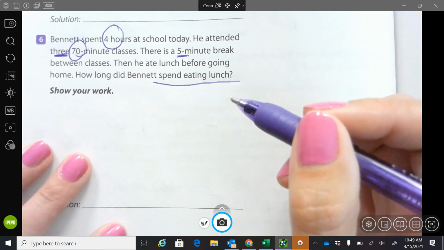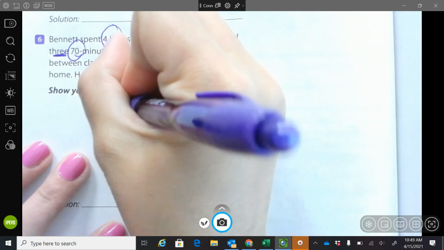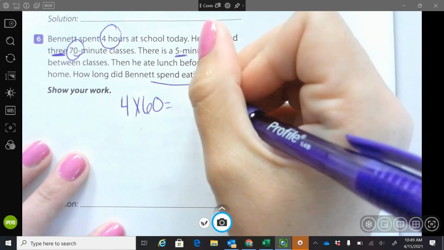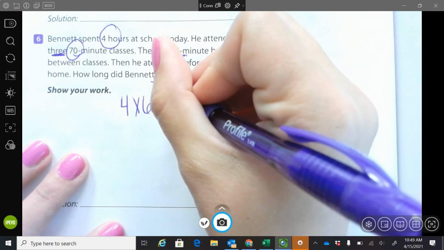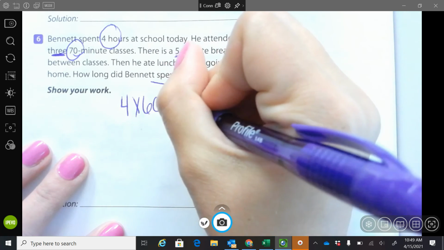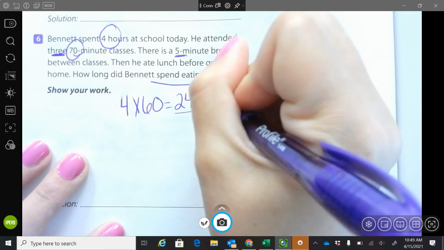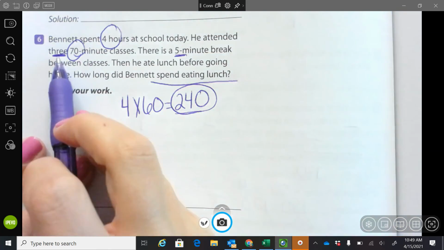Okay, thank you, Liam. So he spent 4 hours at school. How many minutes is that? 4 times 60 is 240. Okay. So he spent 240 minutes at school. What do we know?